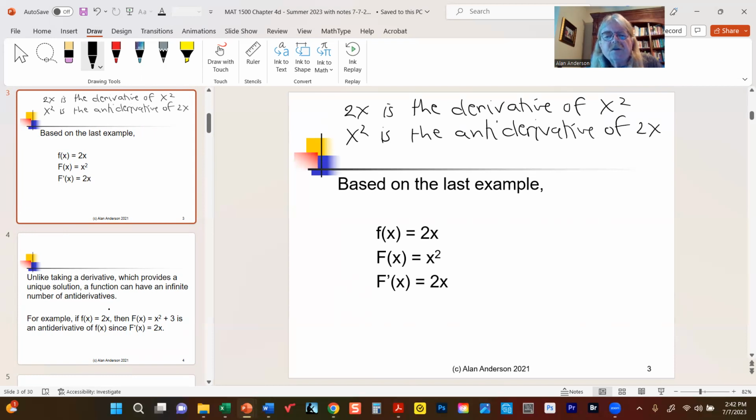So if the original function was 2x, capital F is the antiderivative of f of x.